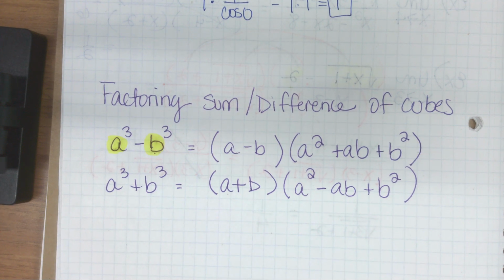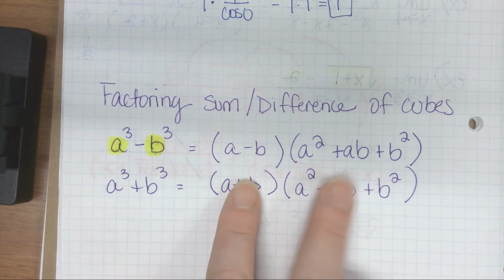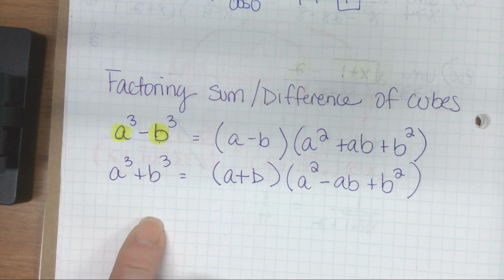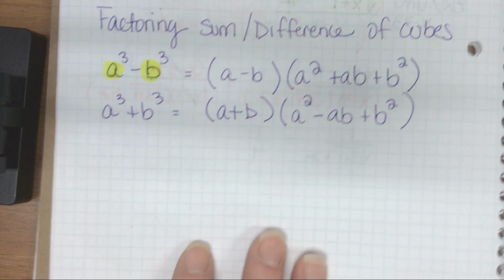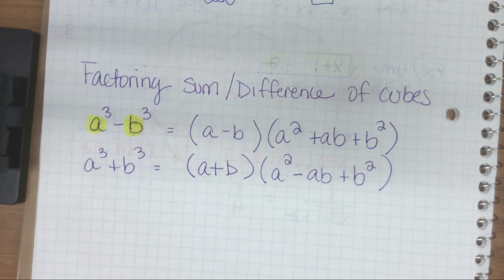Okay, so let me show you why that works, because you might not believe me. What's the reverse of factoring? Multiplying. So if I were to multiply these two together, they should equal that, correct? Let me show you that in fact that's the case. I'll just show it on the board a second.